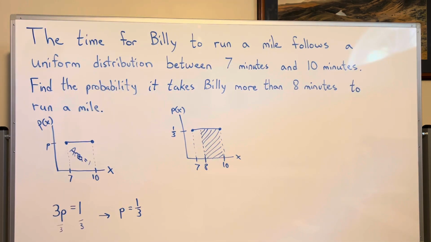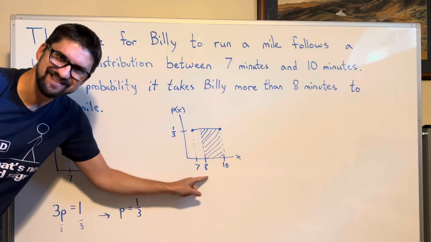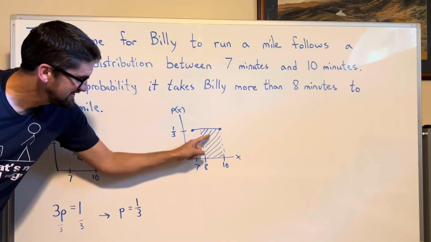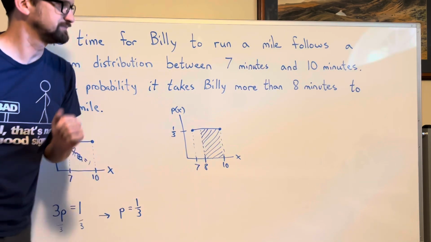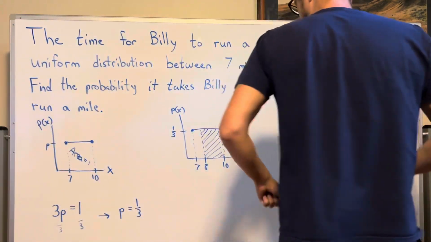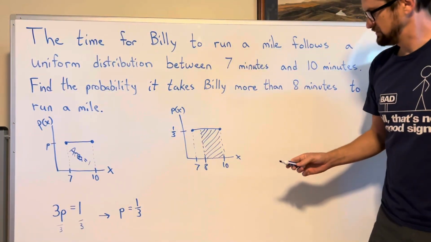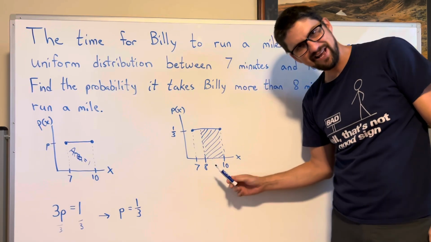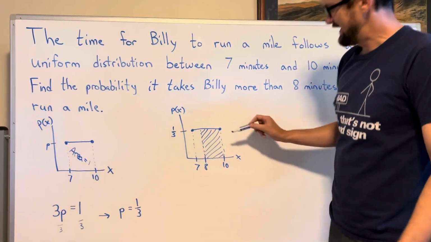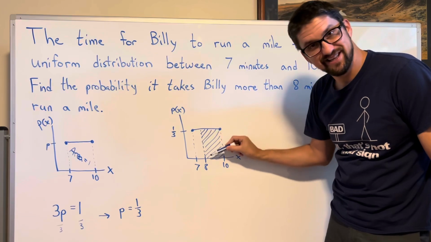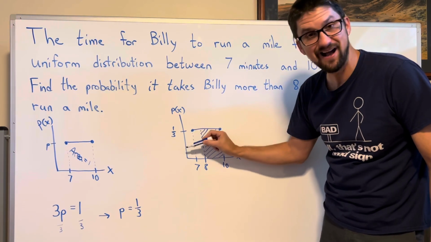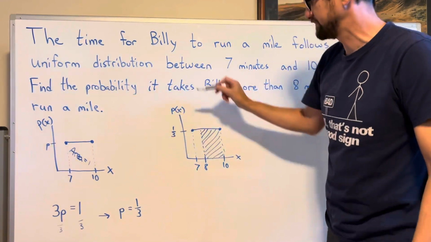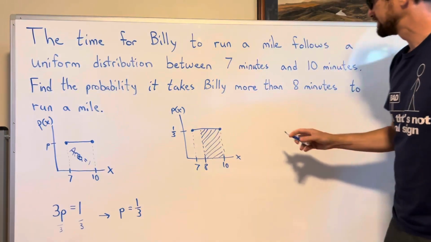The probability that it's more than 8 minutes is going to be this area. And I can find this area simply by finding this distance, 10 minus 8, that's 2, and multiplying it by this distance, which I found in the first part of the problem as 1/3.